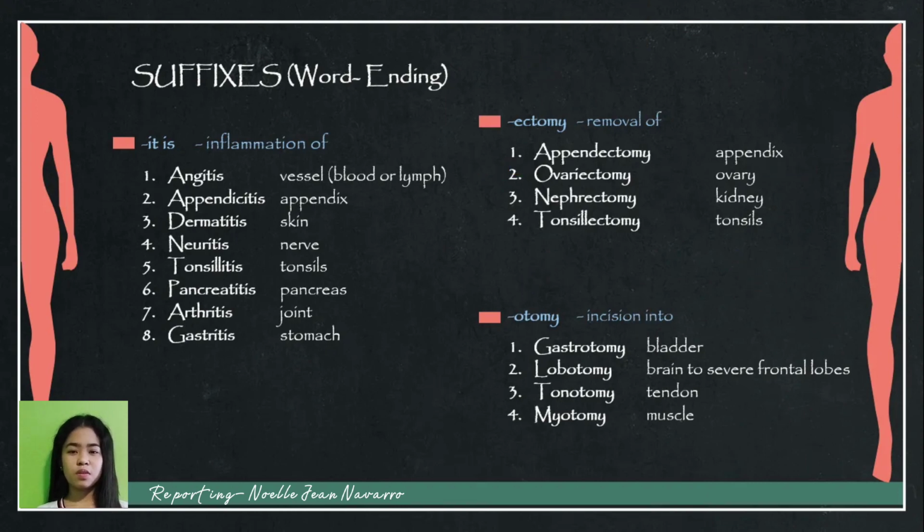Then to be followed by the terms with suffix of otomy, that refers to incision into or to cut. First is the gastrotomy, operation of incision of the stomach. Lobotomy, surgical incision of the brain to sever frontal lobes. Tenotomy, cutting of the tendon tissue. Myotomy, surgical incision or division of the muscle.